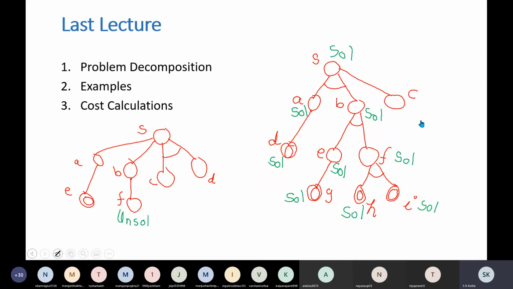Yes, sir. Correct. Because there is no other path. To reach F, you will have to go through B only. And because of that, will S become unsolvable?